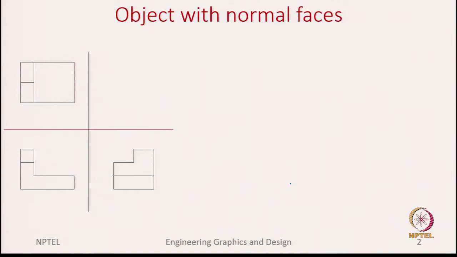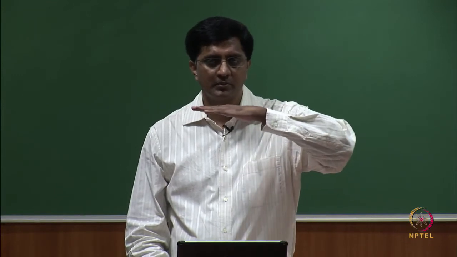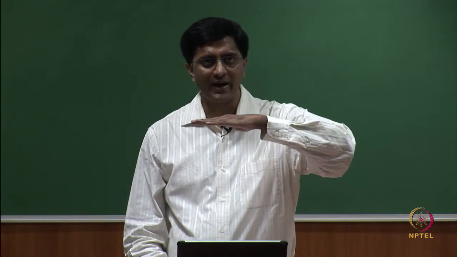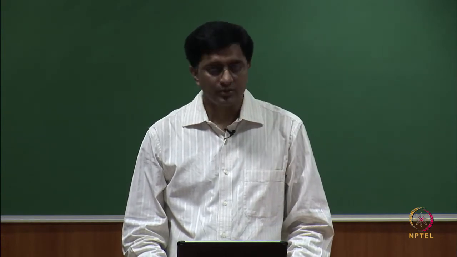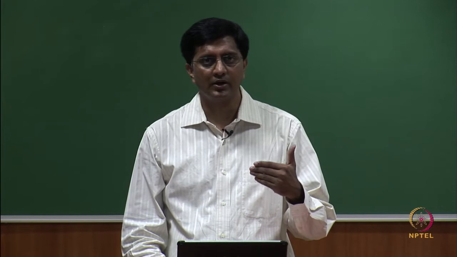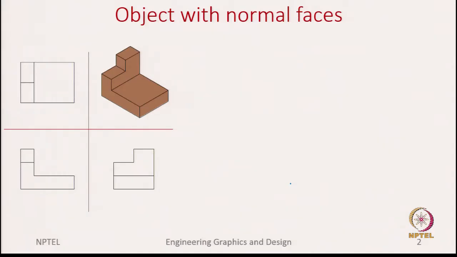That goes with all the surfaces of this cube or a solid which is shown here. Okay. So, that helps us to identify whether your surface is a normal surface which is parallel to one of the projection planes or not. So, with a little bit of intuition, we should be able to see that these multi views will lead to this object shown in the slide.